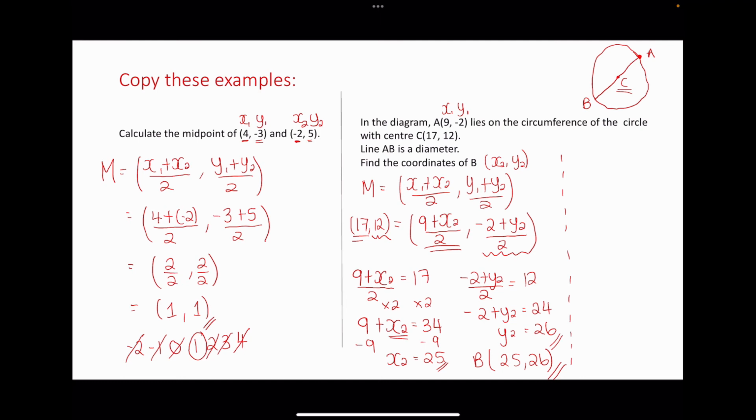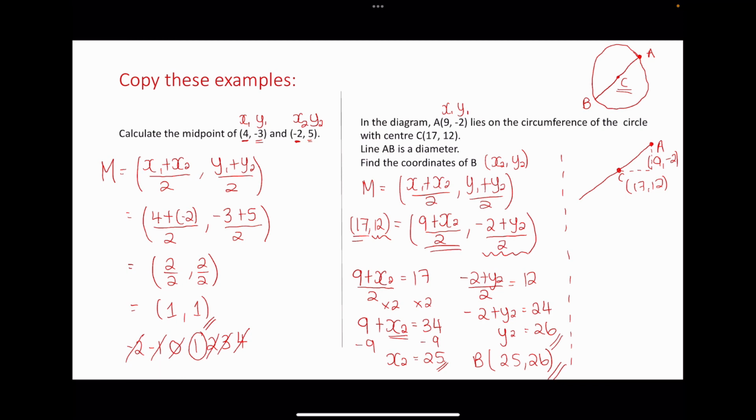So if I have a straight line, as I've done in my circle, here's my point A, which is 9, negative 2, and here's my point C, which is 17, 12. All your steps are going to be equal. So it's a bit like in Pythagoras when we create our right angled triangles and we figure out our distances.